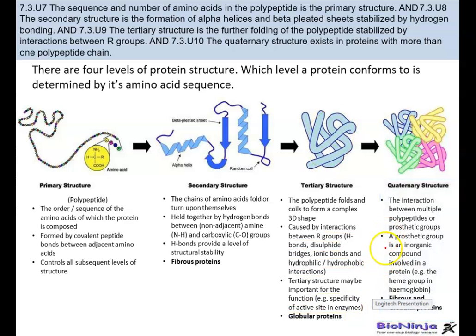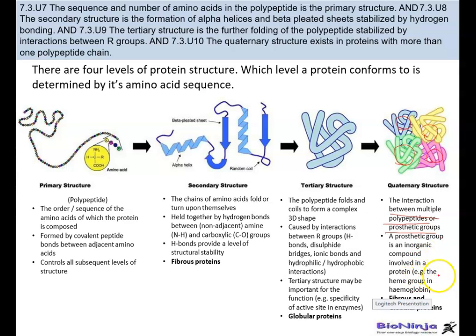What about the quaternary structure? If more than one tertiary structure of a protein attach to each other, then it makes a quaternary structure. So it is the interaction between multiple polypeptides or prosthetic groups. A prosthetic group is an inorganic compound involved in a protein. For example, in hemoglobin, the heme group is here, and in the middle of each one you will find iron.